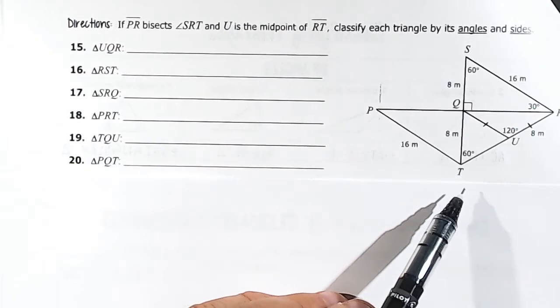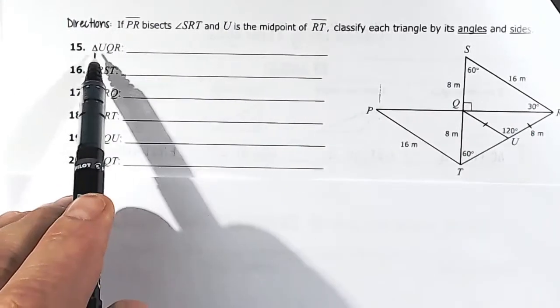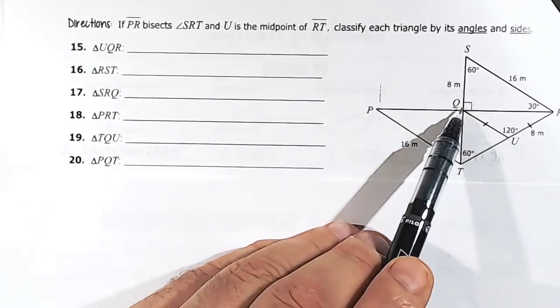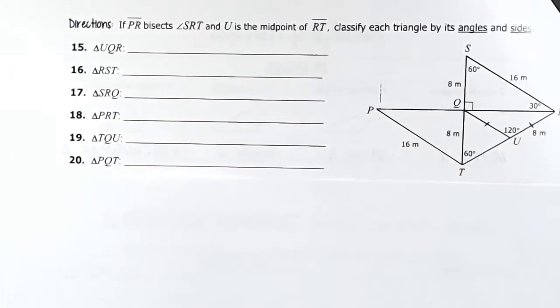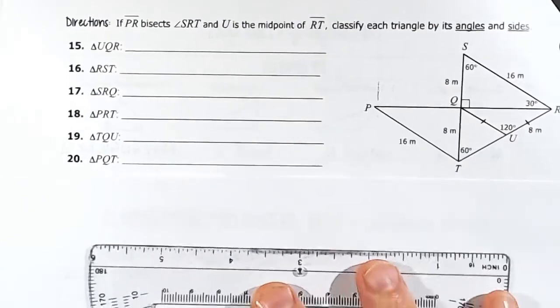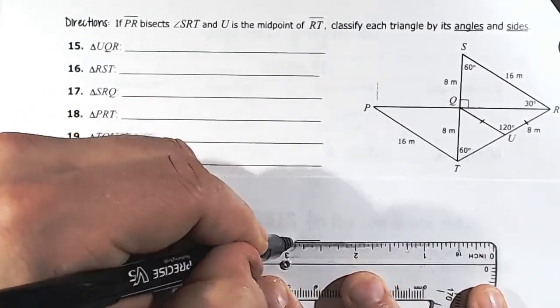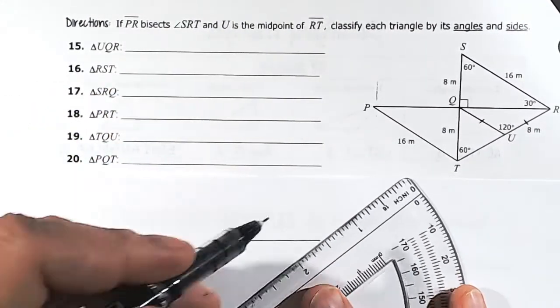Okay, and we're focused on UQR. So I'm not sure that that's affected. So looking at triangle UQR, it kind of looks like this.